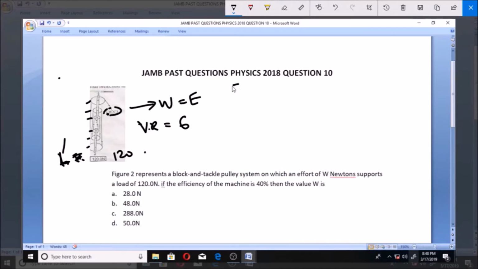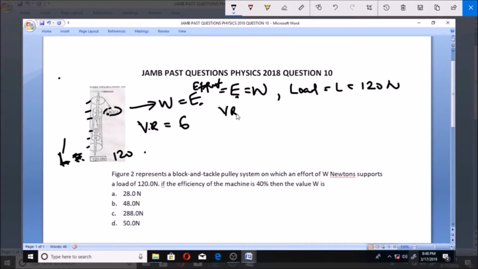From what is given, we have E equal to W, which is the effort, and that is what we are told to calculate. We have the load, L, which is equal to 120 newtons. We are supposed to know all this; these are basic things in calculations like this.